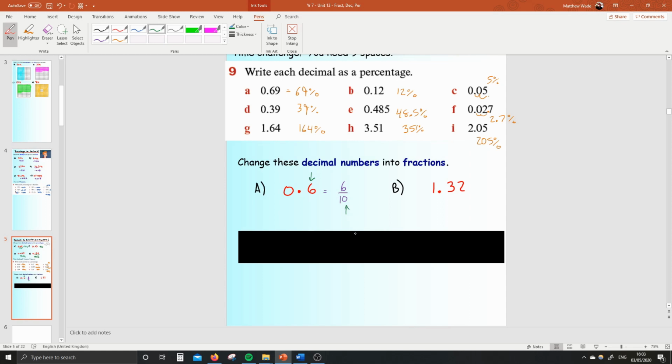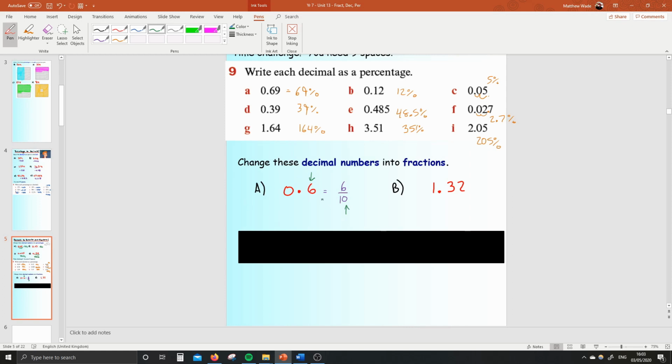Now, for those of you who are wondering why, which I imagine a lot of you might be, the reason is this column. If you think about when you were in primary school, how there's the units and the tens and the hundreds and the thousands and the 10,000s, as numbers get bigger and bigger, when you go the other way, you've actually got the tenths with a th.